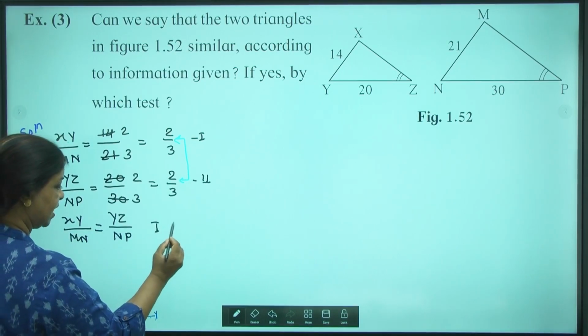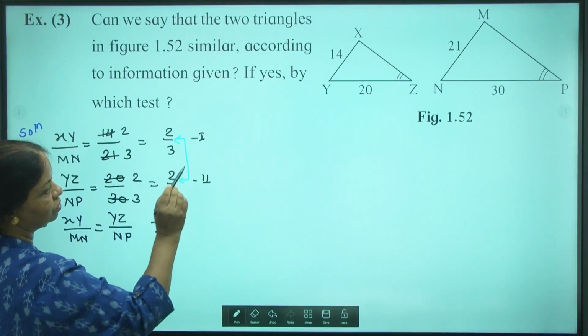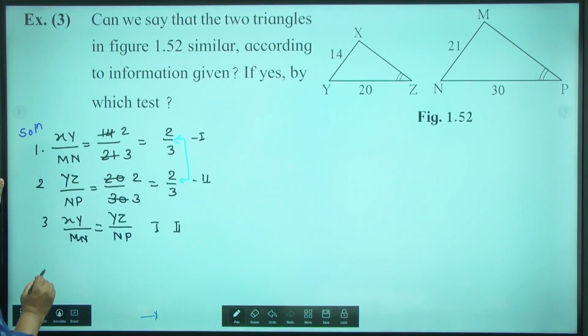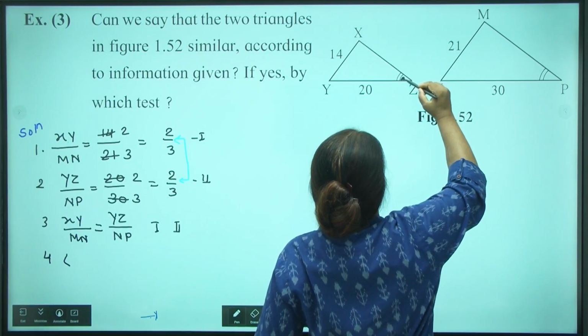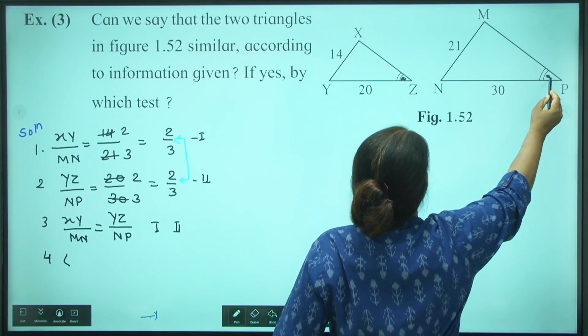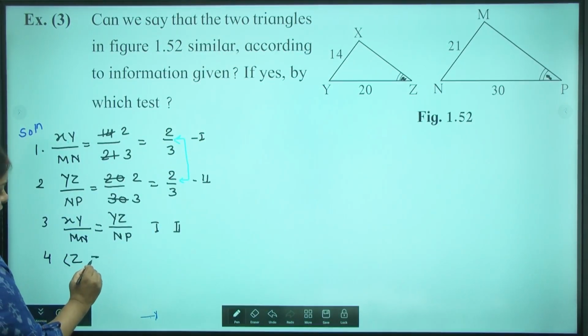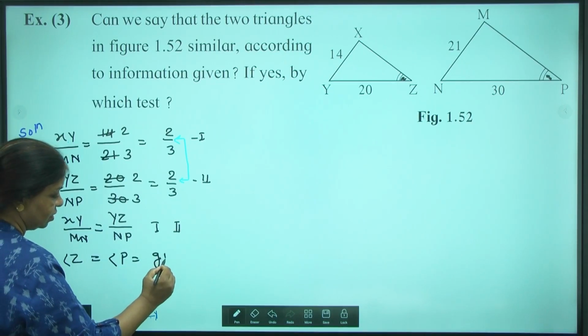So from first and second I can say XY upon MN is equal to YZ upon NP. And it is also given, fourth statement, that angle Z is equal to angle P, which is given.